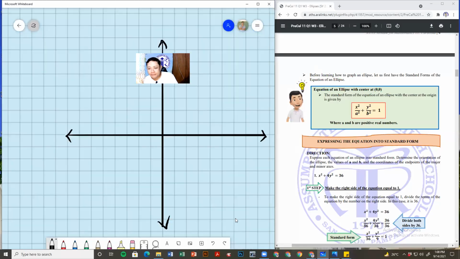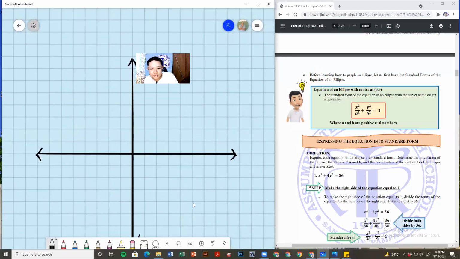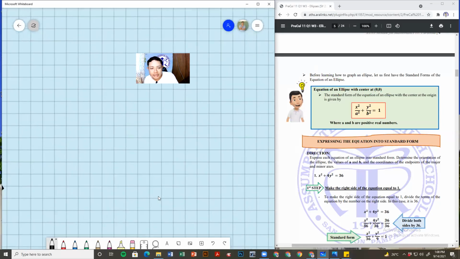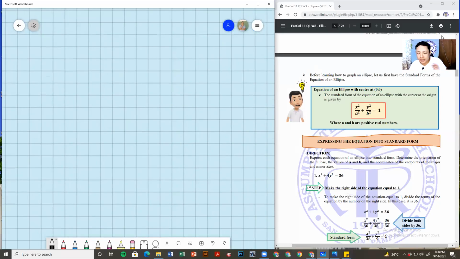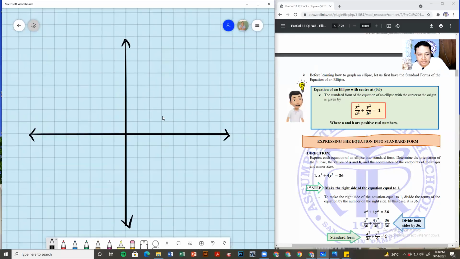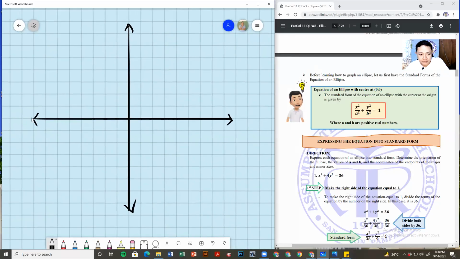A while ago, I was telling you something about the similarity of circle and the ellipse. Because if we will just consider a circle, they have almost the same format. For example, if the circle's center is the origin here, so therefore that is 0, 0. And then the radius is 5, 1, 2, 3, 4, 5, for example.